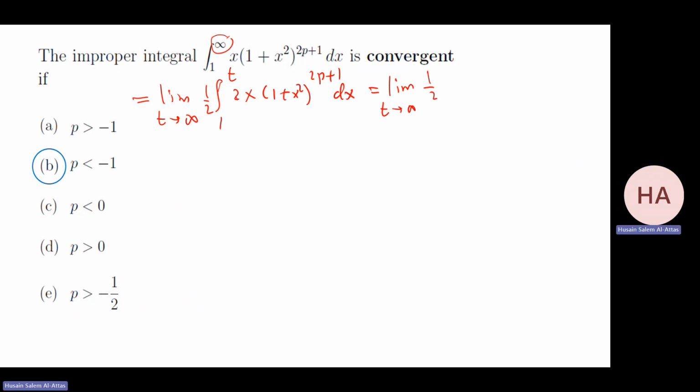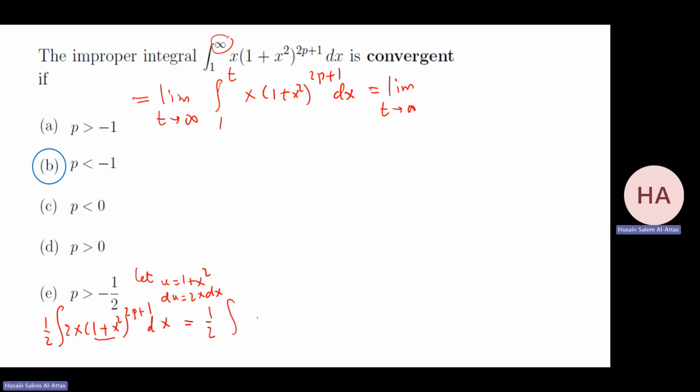If this is u, I need to avoid the substitution things, so let u be 1 plus x squared. Then du is 2x dx. So that will be half of what?